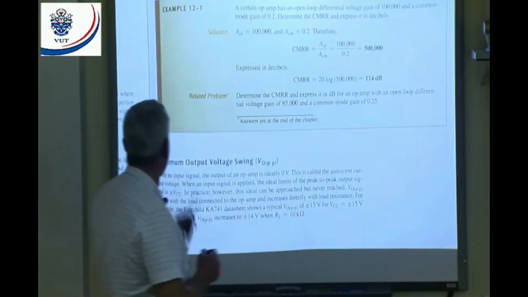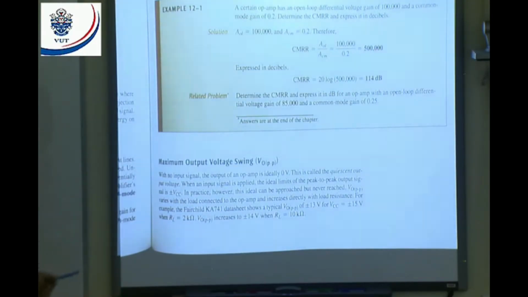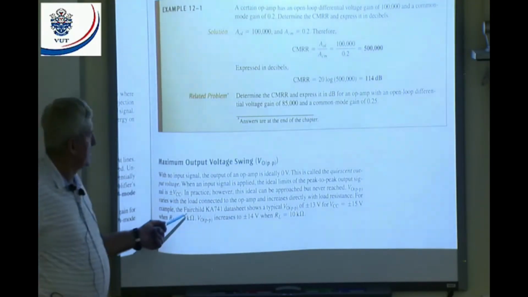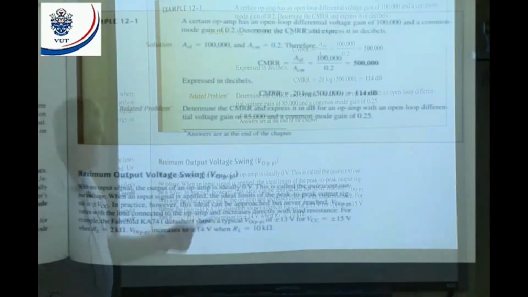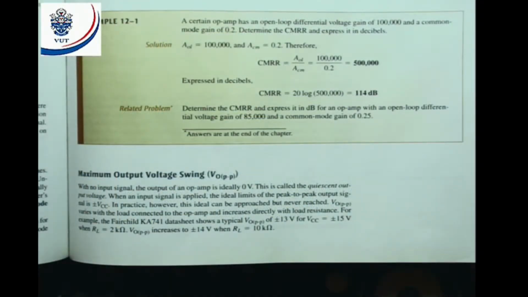All right, let's have a look. They give us here values. Now they say a Fairchild KA741. Fairchild is the manufacturer of the device. It's a 741 op-amp. The supply voltage was given as plus 15 minus 15 volts.